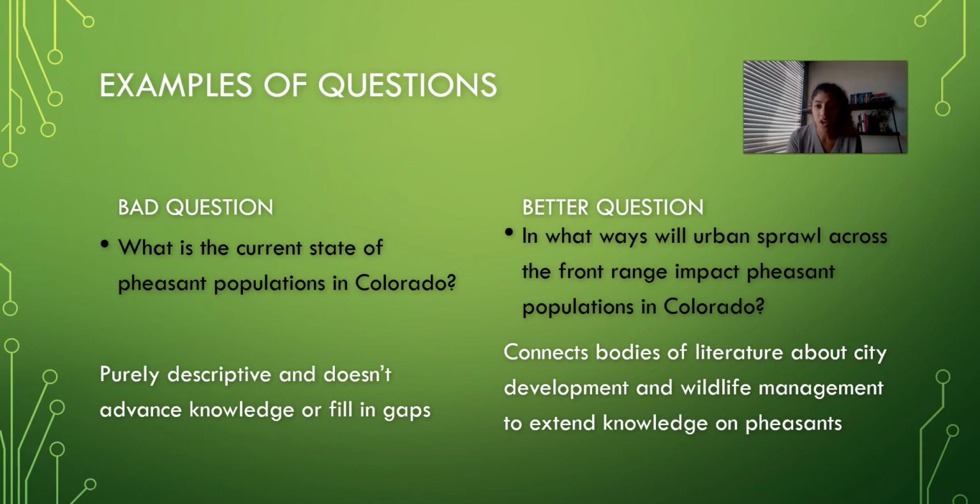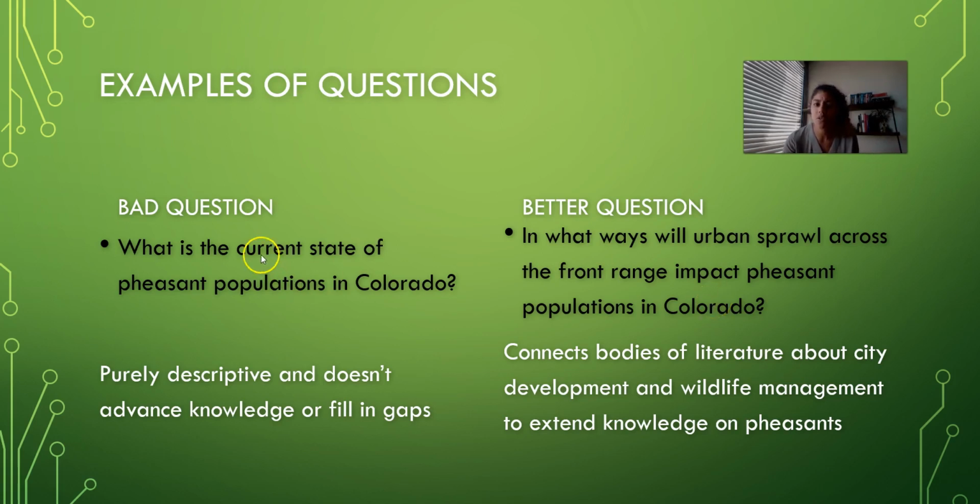So instead, for your proposal, to actually advance some knowledge and speak more specifically to the issue in your field, you could try something like: in what ways will urban sprawl across the Front Range impact pheasant populations in Colorado?